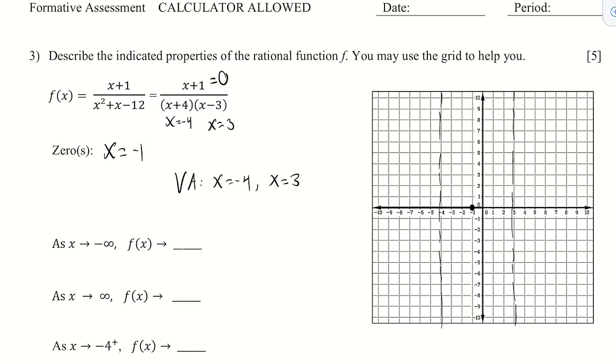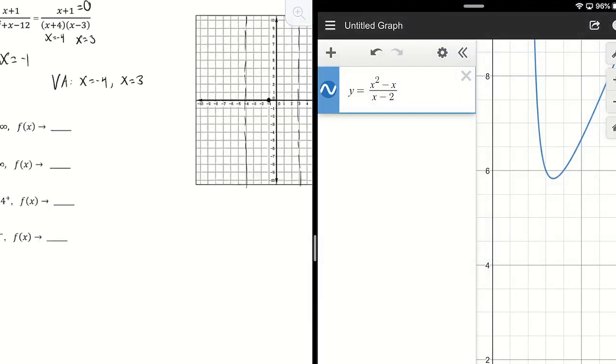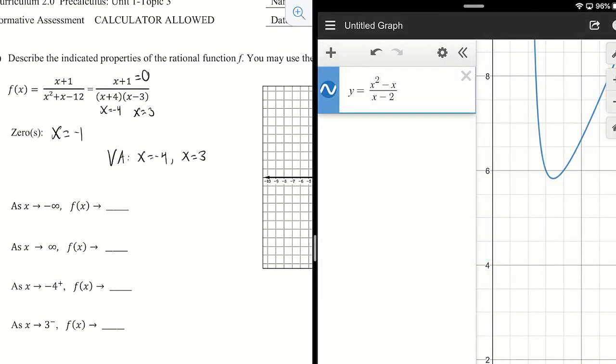Okay, so they talk about as x goes to negative infinity, as x goes to positive infinity. I'm going to just have this part of the graph here. I'm not going to actually fill it out because they don't even ask us to do it. But in the meantime, I can take a look at my graph and use my own graphing utility to get some understanding of this graph.